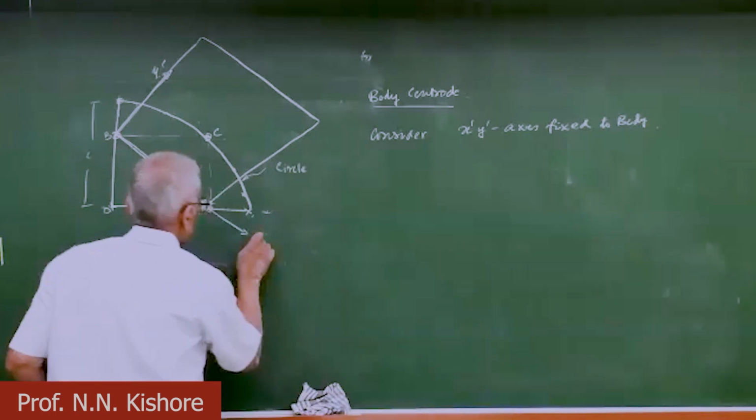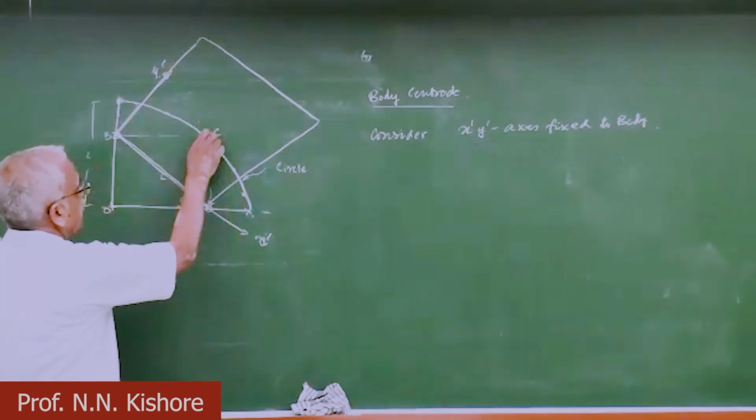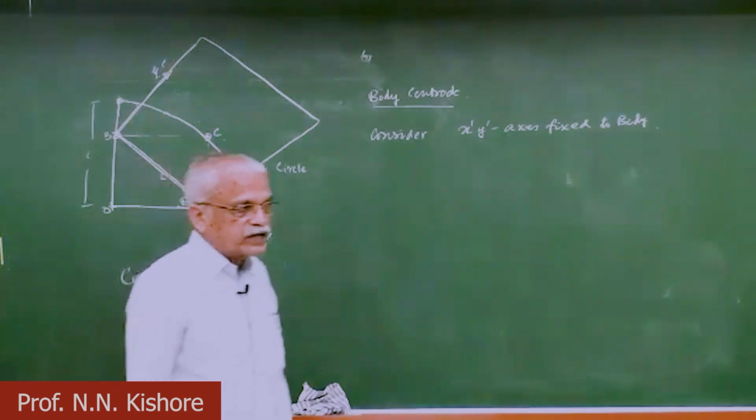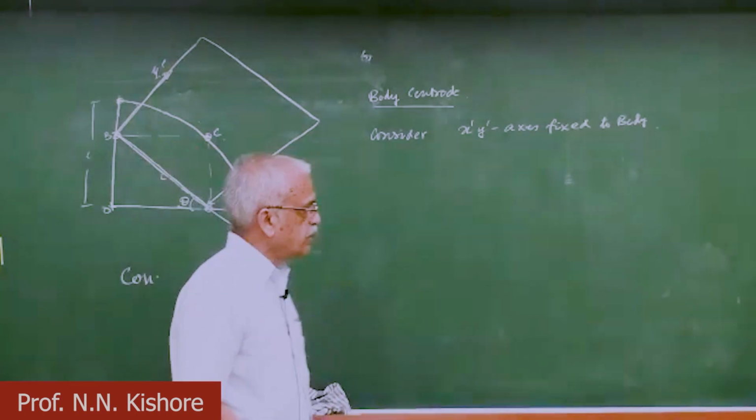Like this, this is x prime and this is y prime, and we have to find out the location of C with respect to x prime and y prime.